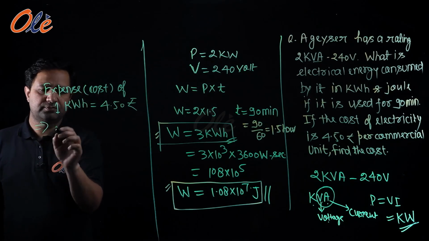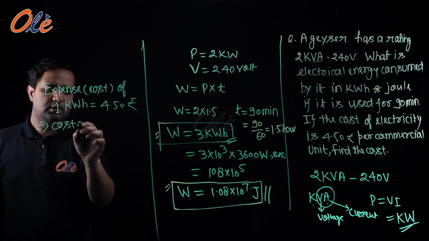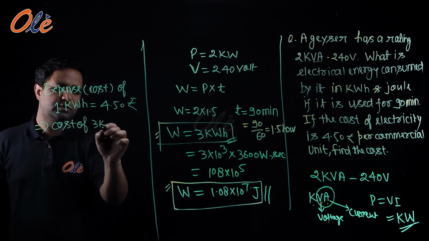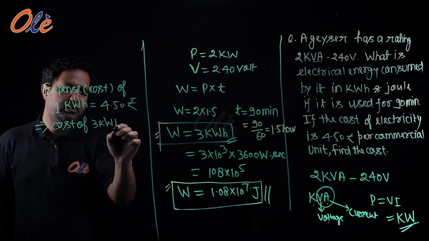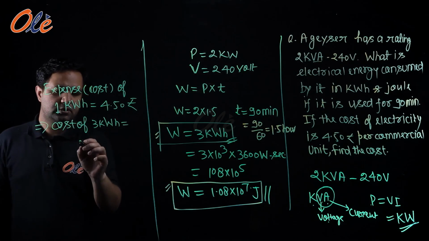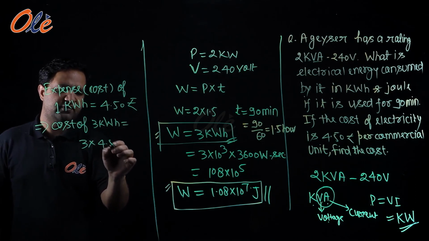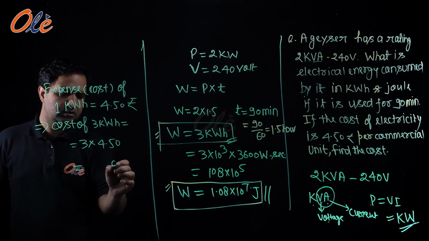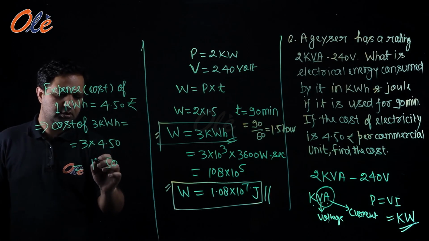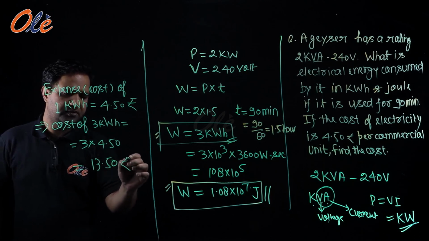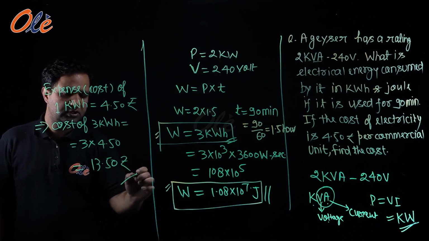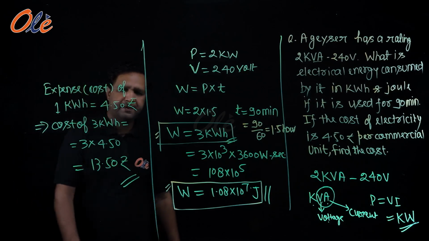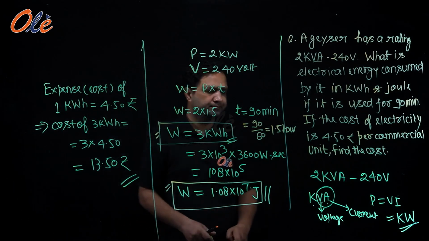So the cost of 3 kilowatt hour is equal to 3 into 4.50, which is 13.50 rupees. This will be the cost of 3 kilowatt hour.